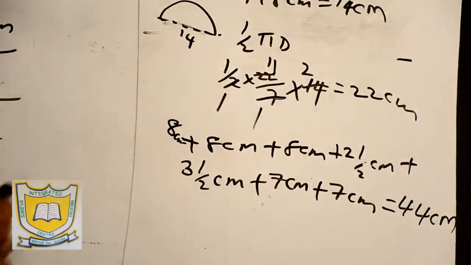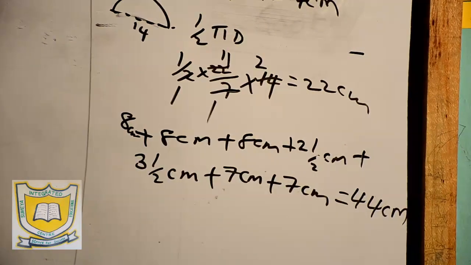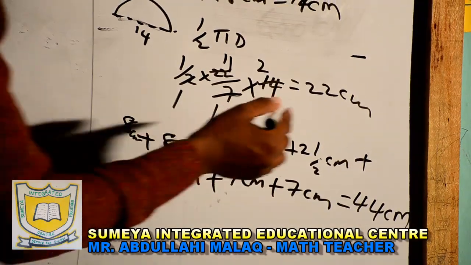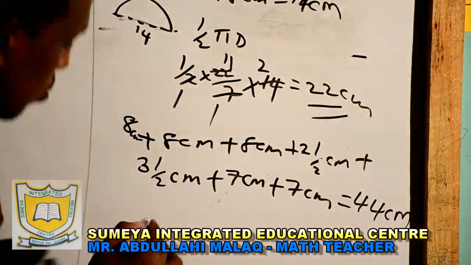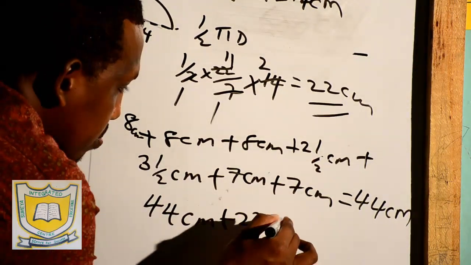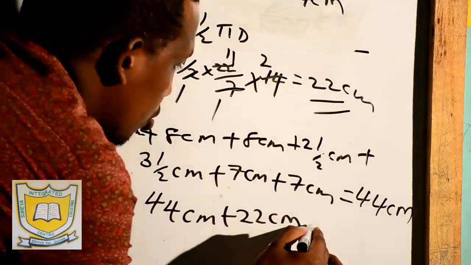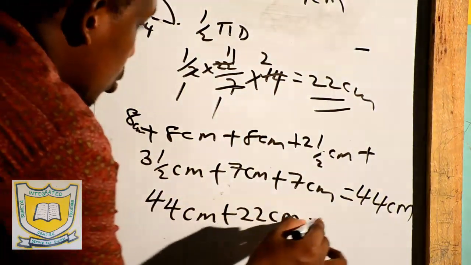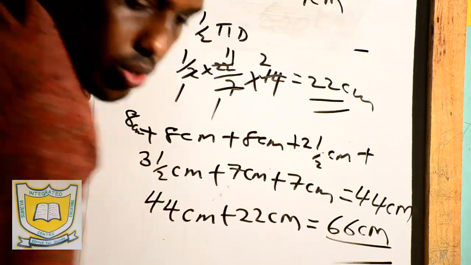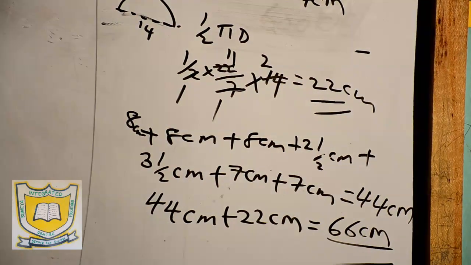So when we get 44 centimeter now, what we do now, we add the semicircle, which was 22. So we say 44 centimeter plus 22 centimeter, you get 66 centimeter.